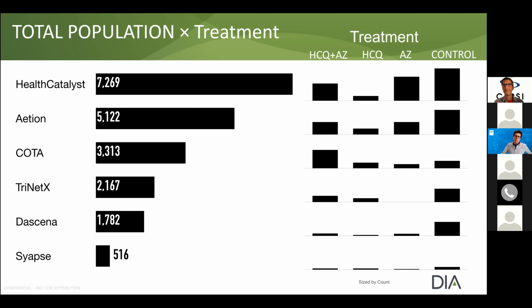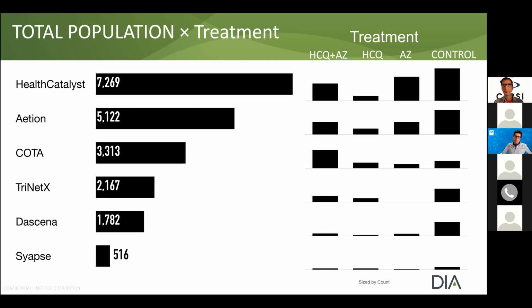So from Health Catalyst, there were over 7,000 patients hospitalized with a diagnosis of COVID-19 that were then distributed across these various treatment groups, and you can see the 5 other data sources and the number of patients contributed by that data source.